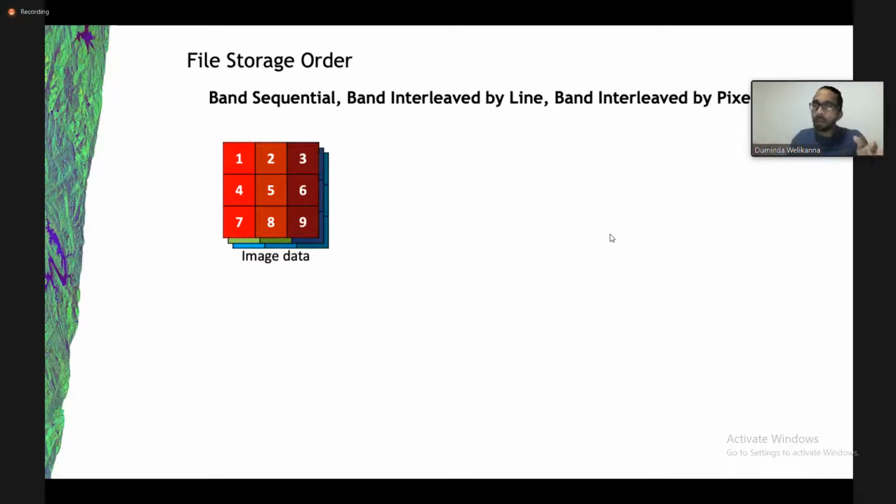If it is 8-bit, and the radiation is coming from a building, most probably you will see the pixel is white, that means it is 255. If the energy is coming from water, the pixel is black. It doesn't have any energy, as I showed you, all the energy is absorbed by water. So it will have 0. So in an 8-bit scale, the pixel value 0 represents water bodies.